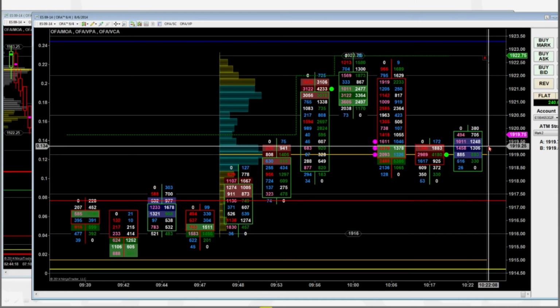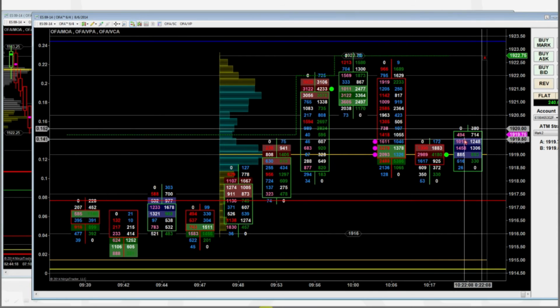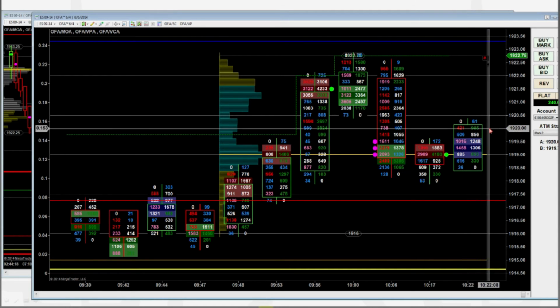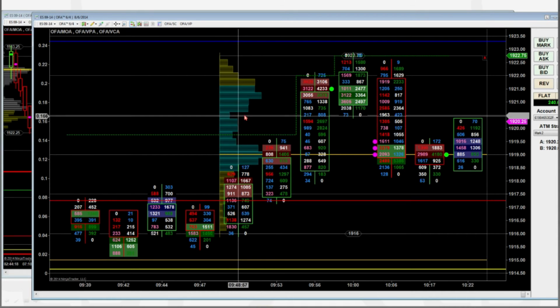So we see strength at 20. We want to see strength up through 2050. At that point, we're likely to come and test at least 21 quarter. Why? Because even in this really small distribution, that's still the highest volume point.